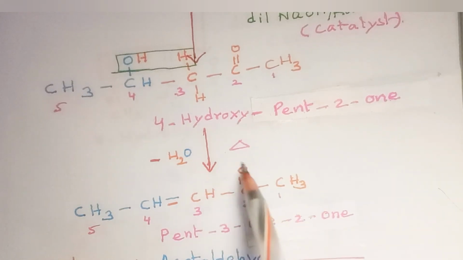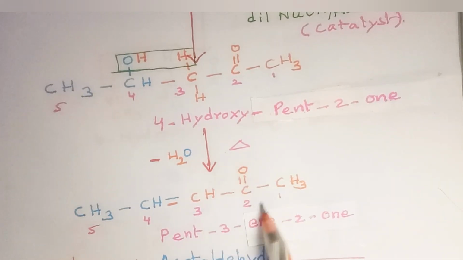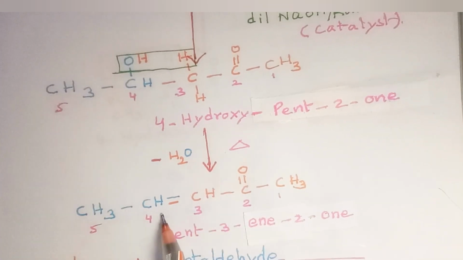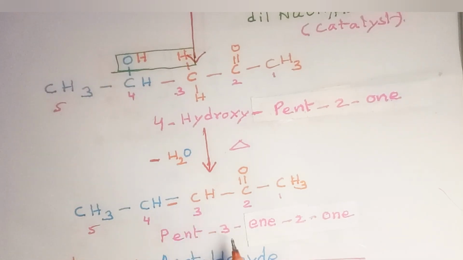There is a ketone group present here, so it is a none. There are 5 carbon atoms, so it is pentanone. Since it has a double bond between the 3rd and 4th carbon, it is called 3-ene.